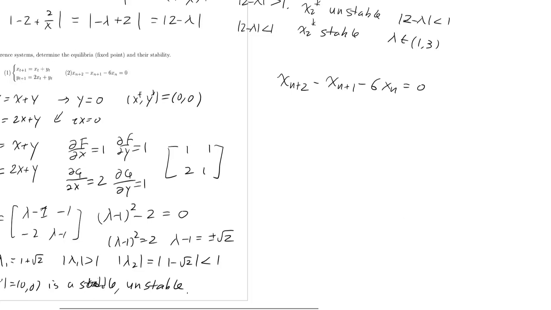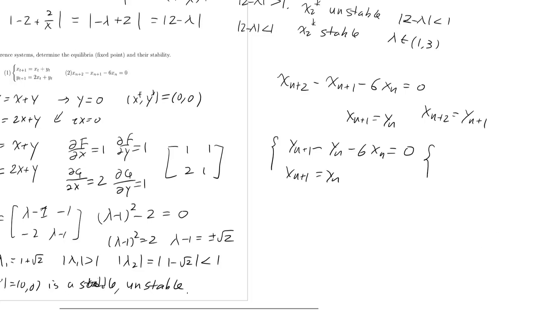We can call x(n+1) to be y(n), and then x(n+2) is going to be y(n+1). So the system we actually have is x(n+1) is equal to y(n), and y(n+1) is equal to 6x(n) plus y(n).